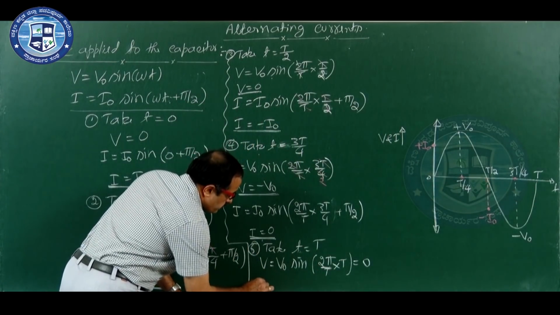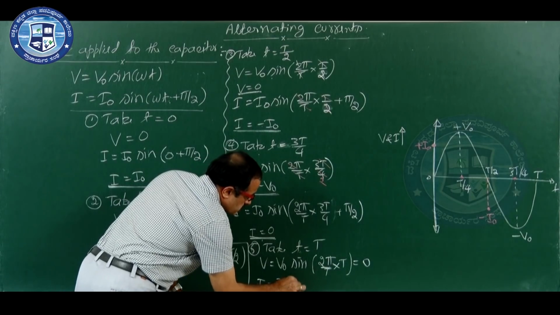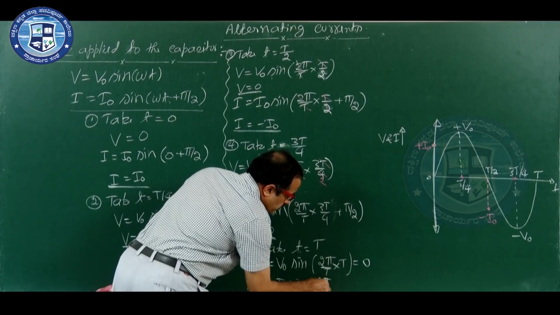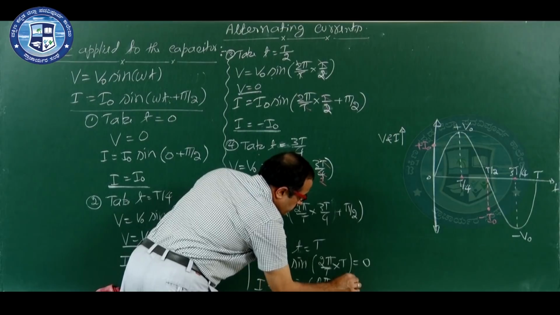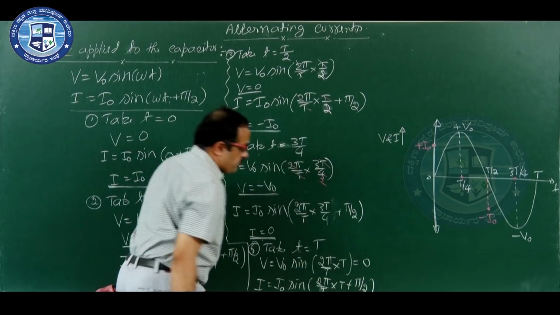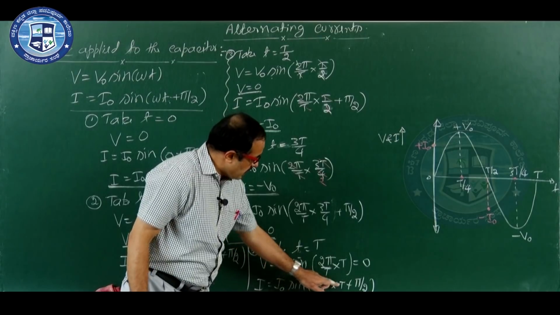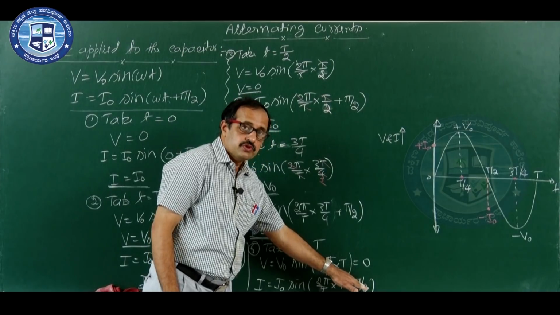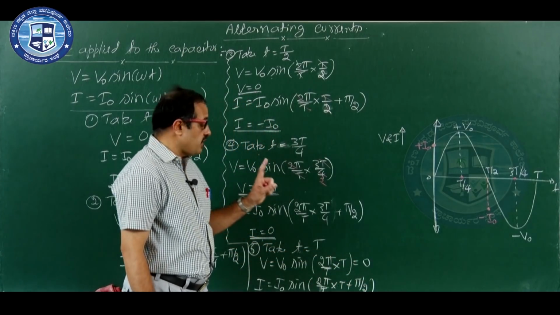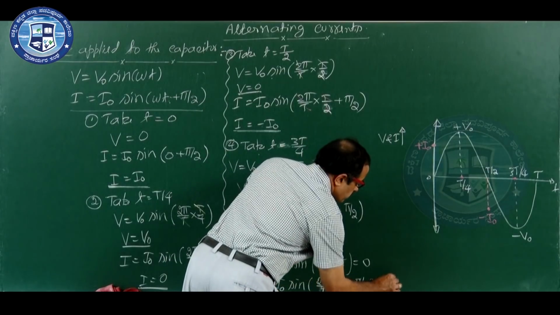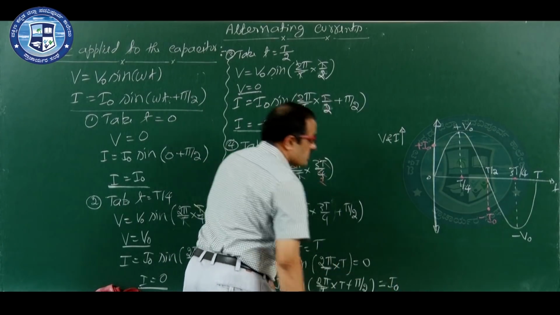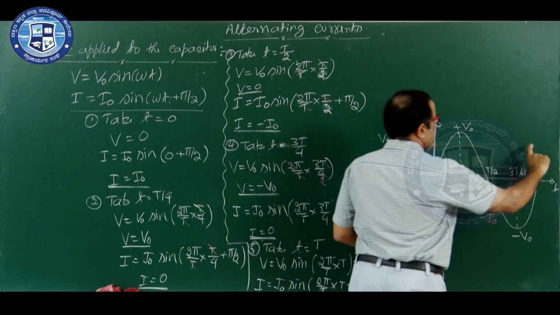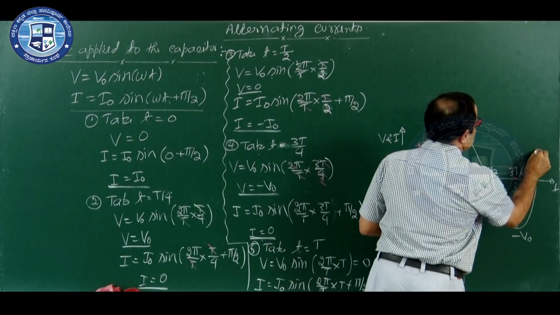I equal to I naught sin 2 pi by T into T plus pi by 2. So, here T cancels out, it is 2 pi, means 360 degree, 360 degree plus 90 degree. So, it is equivalent to sin 90, sin 90 is 1, therefore, it is I naught, therefore, plus I naught, therefore, the point is here.